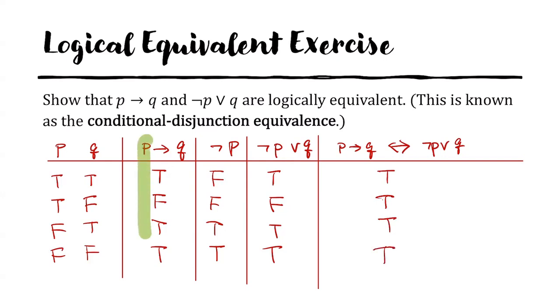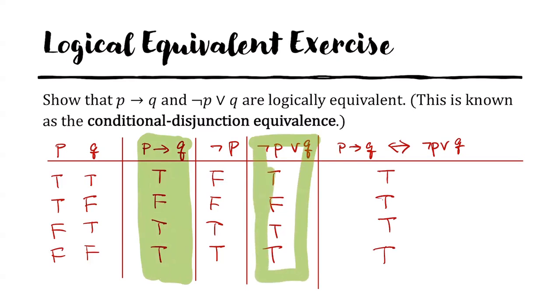Right, so if you look at their truth value, they are the same. So P implies Q is the same as not P or Q.